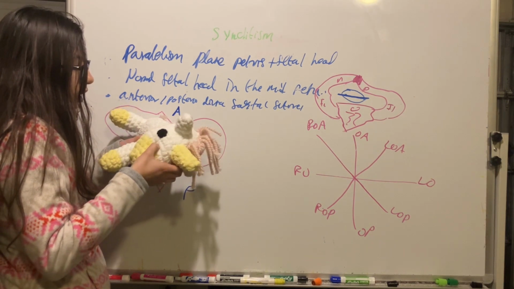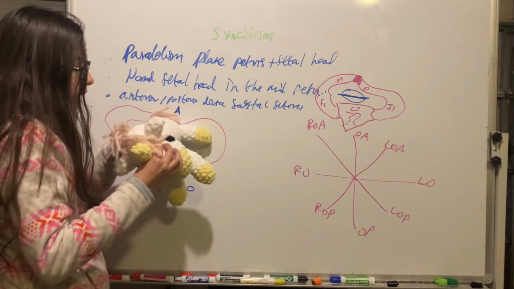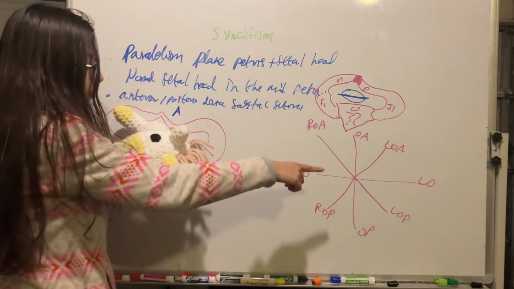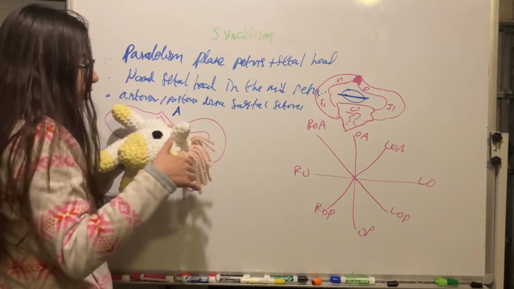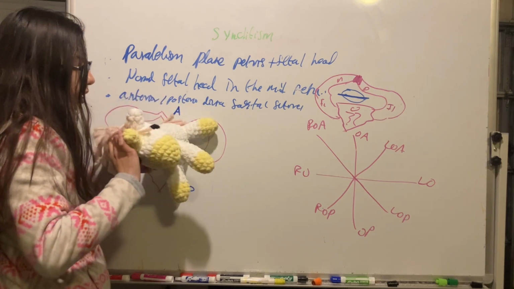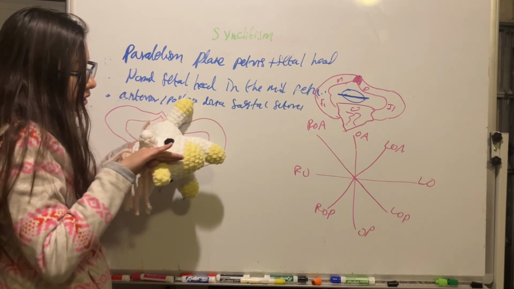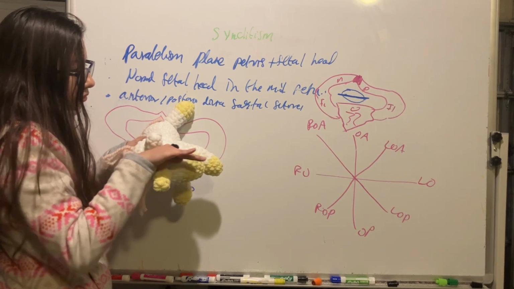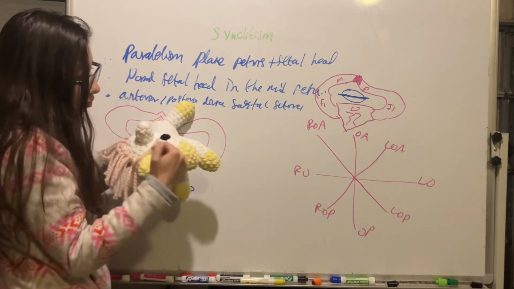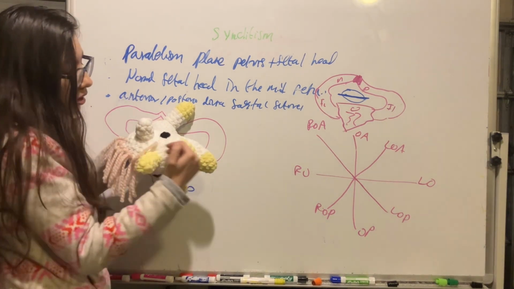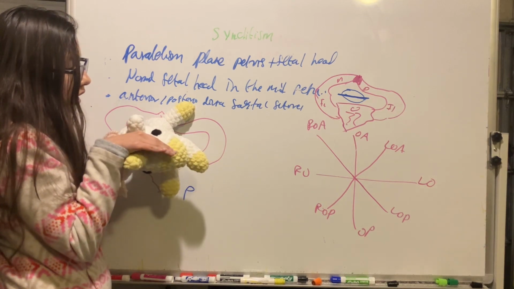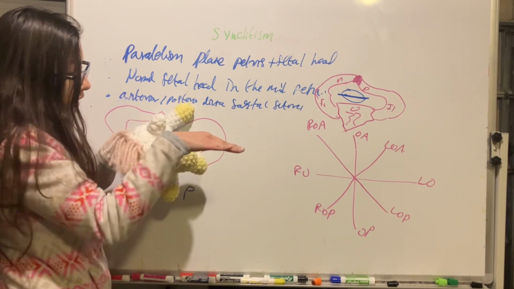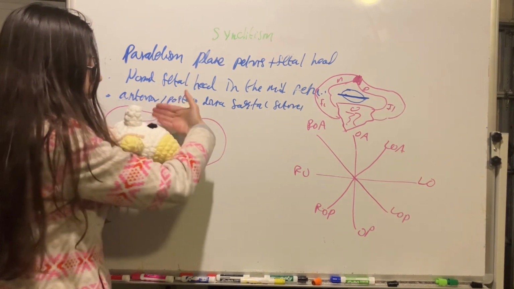Remember, the variations we did were in this plane, rotating the baby in this plane. This gives us left occiput anterior, right occiput anterior, and so on. But the axis, the sagittal suture, here in the transverse position is perpendicular to the plane of the pelvis.